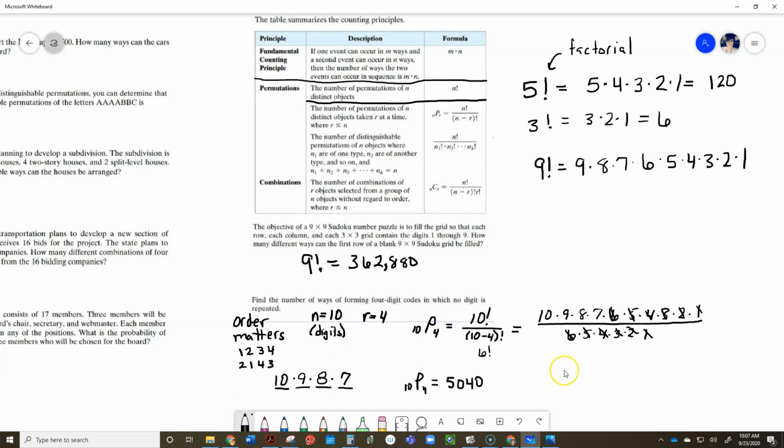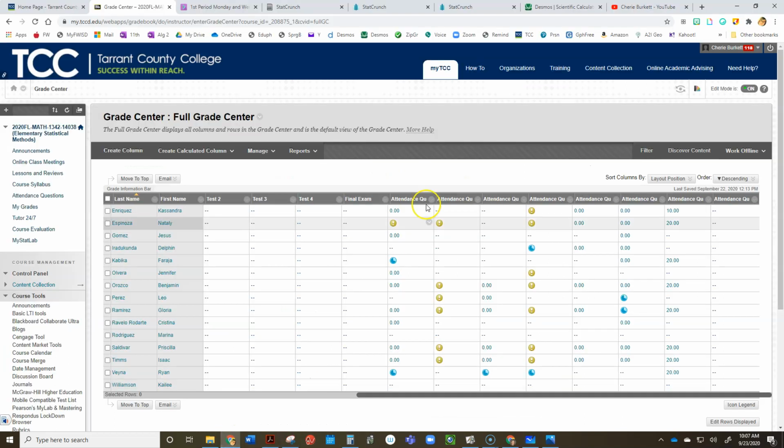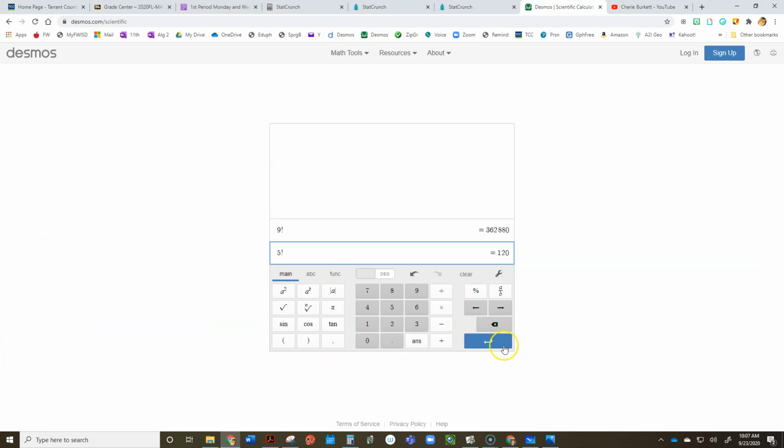I do want to show you using the calculator. Let's see, I had the calculator. There it is. If you're using this Desmos calculator, they have a fraction button.